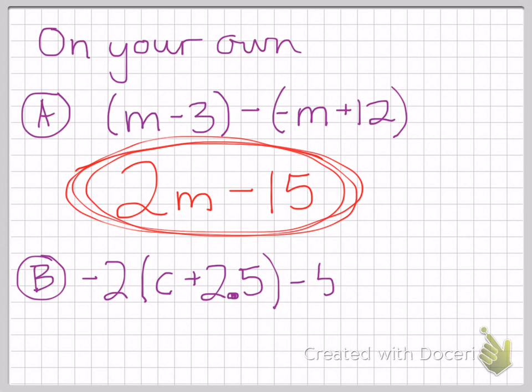Ooh, we have two distributive properties going on. Negative 2 times c plus 2.5 minus 5, 1.2c plus 4. Okay, go ahead and try that for me.